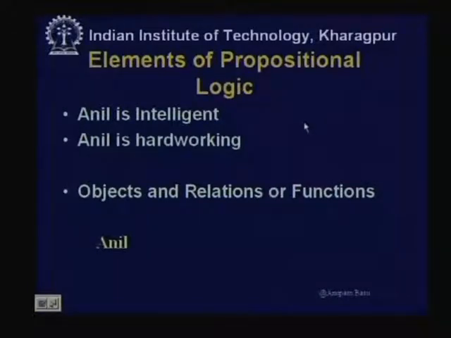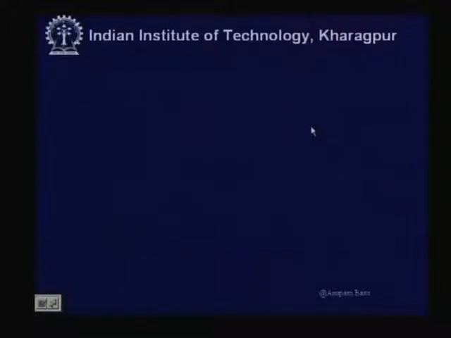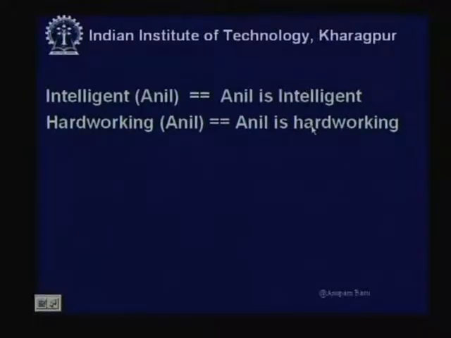So, you see Anil is an object, and hardworking, intelligent are some functions or relations depending on your usage. When we write intelligent Anil, I am putting in some function on Anil, and that means Anil is intelligent. This entire thing can be true if the Anil that I am talking about is intelligent.